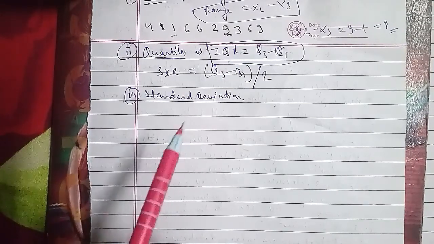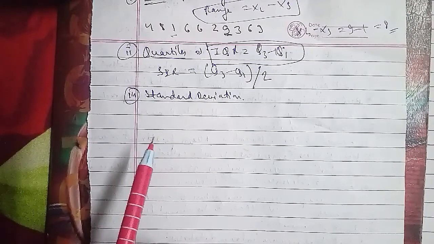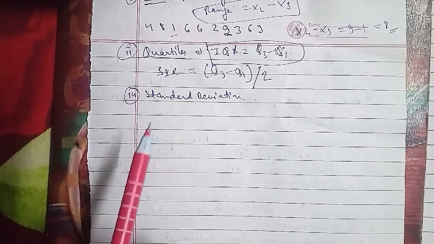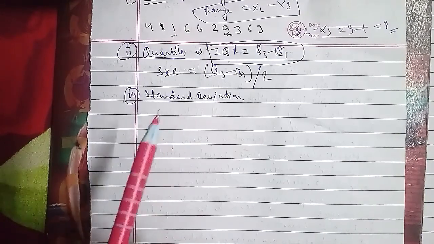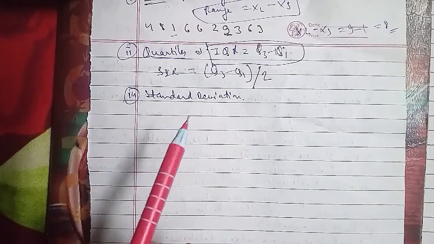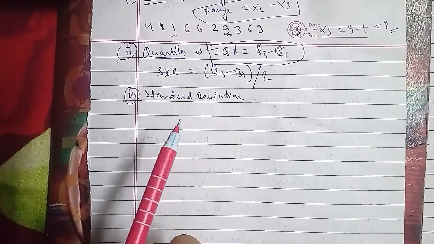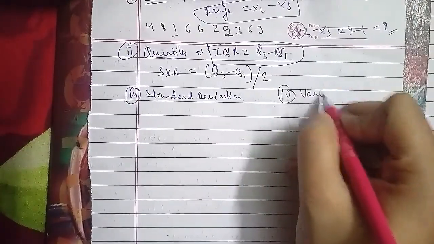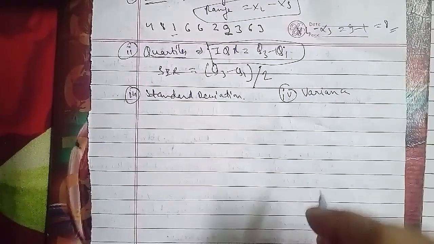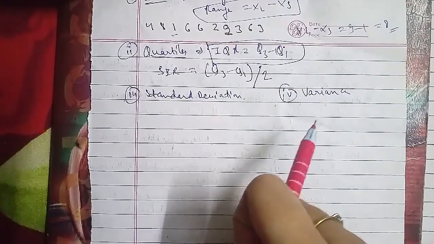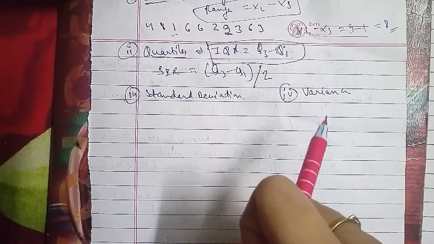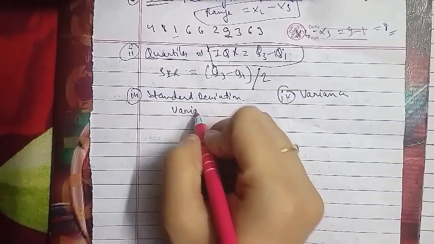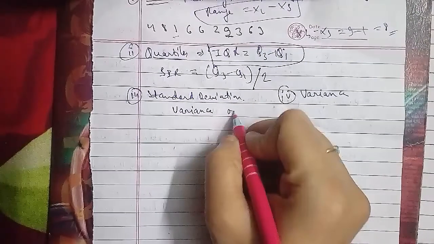The variance, sigma squared, equals 1 upon n times the sum over i equals 1 to n of (xi minus x bar) squared. And the standard deviation equals the square root of the variance. Okay, so this is what it was.